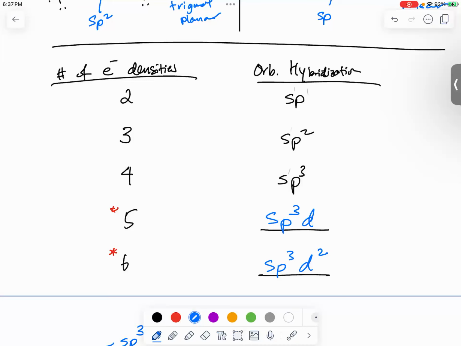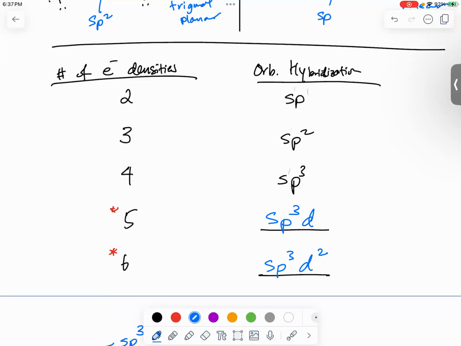So in other words, no elements from period 1 or period 2 could exceed octets, but anything from the 3rd period and beyond, for example, phosphorus, sulfur, chlorine, and anything else beyond, they are capable of exceeding octets because they have access to the D sublevel. They can use and hybridize the orbitals from the D sublevel to accommodate more electrons.